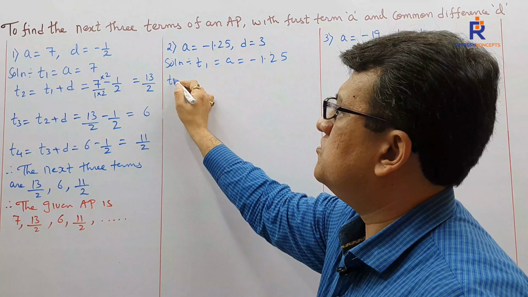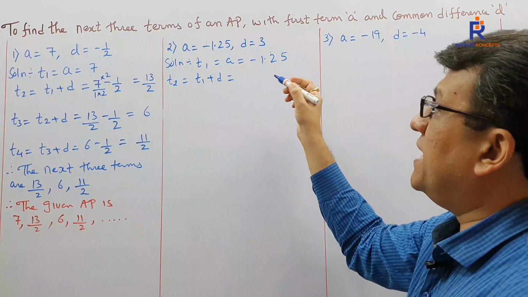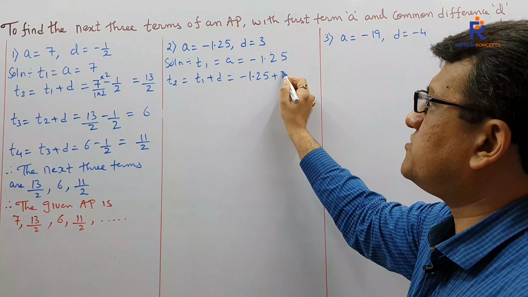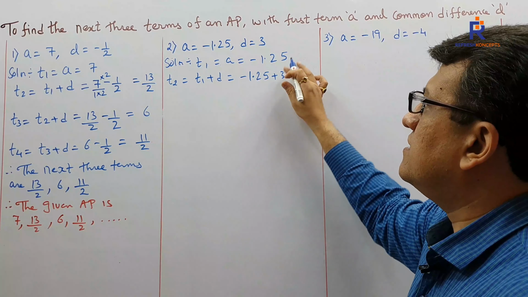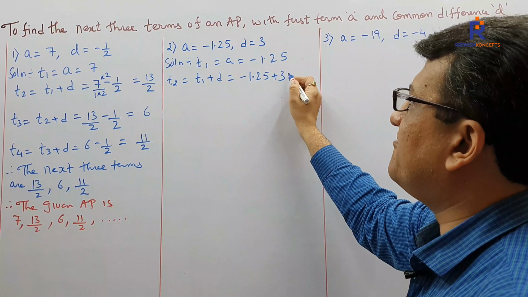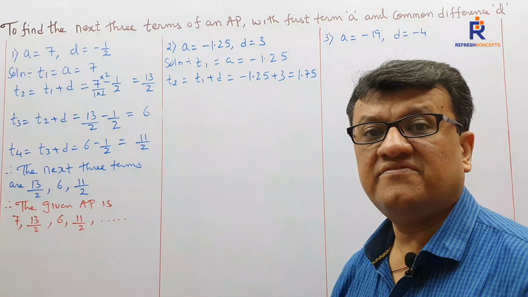How about T2? T2 equals T1 plus D. My T1 is minus 1.25 plus 3. When you say minus 1.25 plus 3, the answer is 1.75. 3 minus 1.25 will give me 1.75.